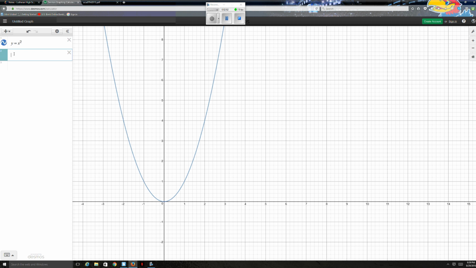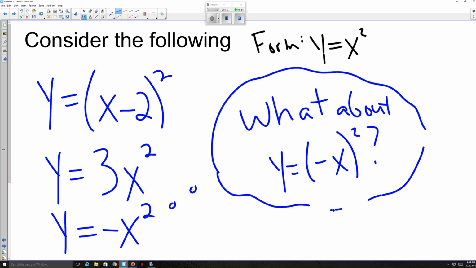And let's do y equals (x minus 2) squared. I think that's what we wanted. Okay. Notice now it's the same graph, but now we have moved it right 2. This one went right 2.